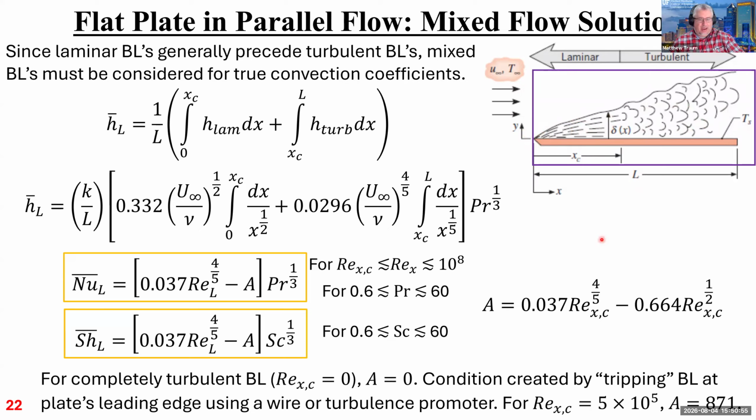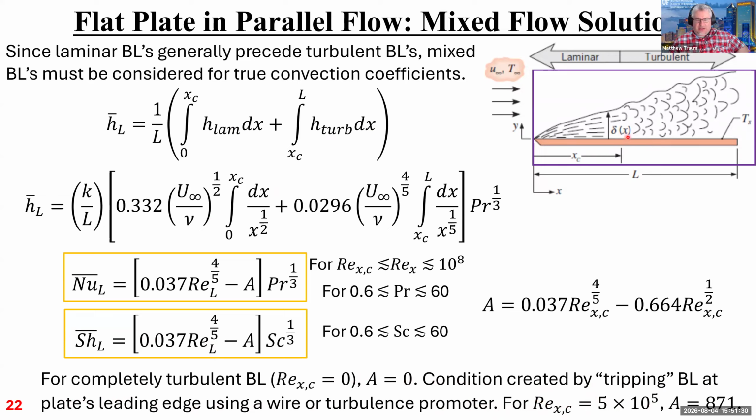So in a situation where you have intentionally tripped the flow to turbulence, you don't need to worry about everything in this A term. All that just goes away. And it's basically like taking the integral of this from 0 to x, which is what this leading term essentially means. So I say that here: condition created by tripping the boundary layer at the plate's leading edge using a wire or turbulence. For x equals, okay, so this is the critical Reynolds number.